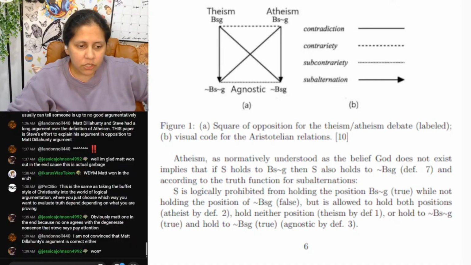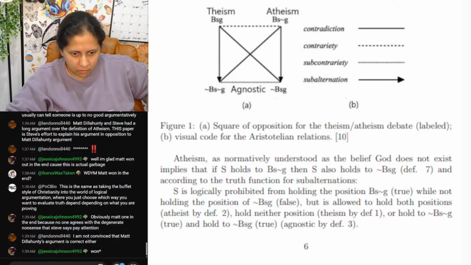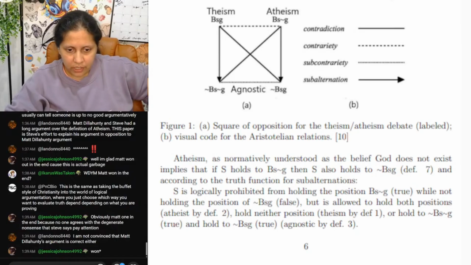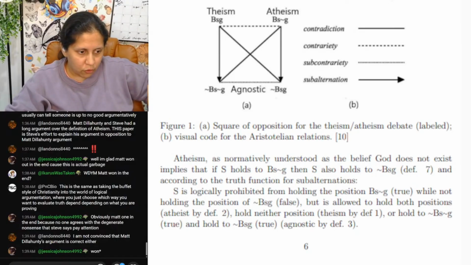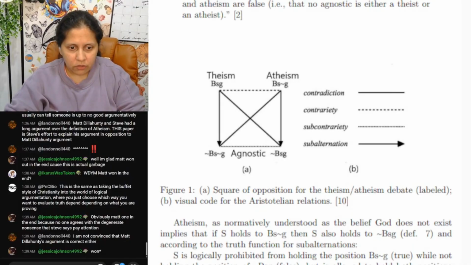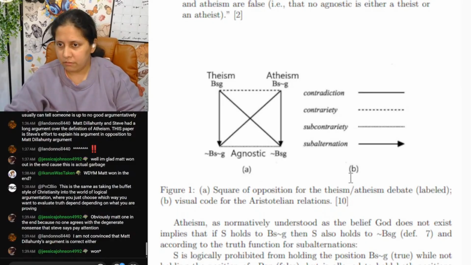And agnosticism is treated as the conjunction of the lower positions, this one. So it's talking about difference, hierarchy and overlap. It's not talking about collapse anywhere. It's not collapsing on itself.